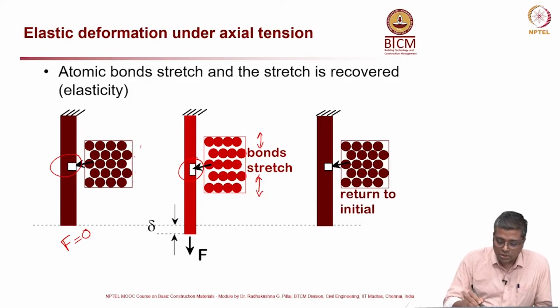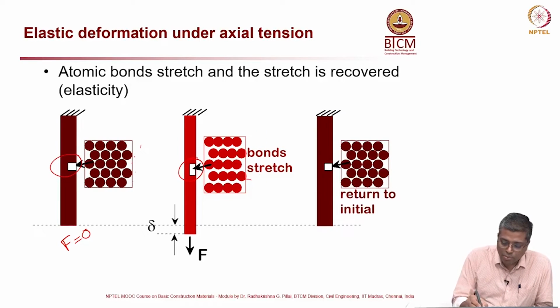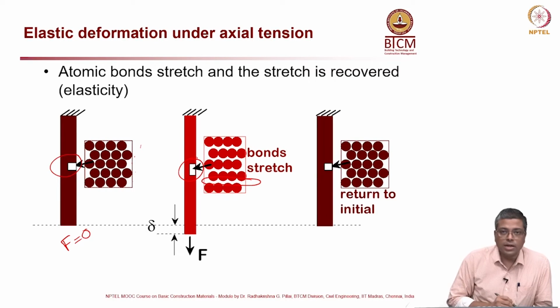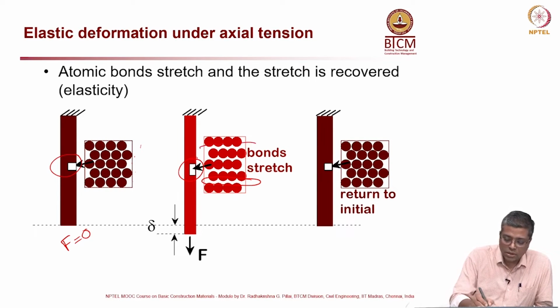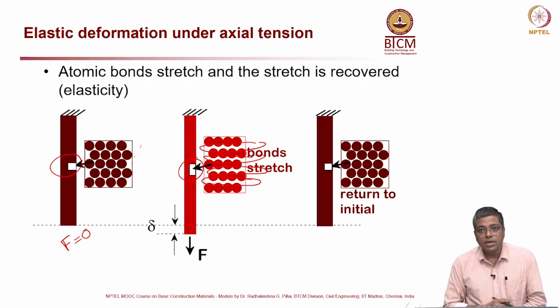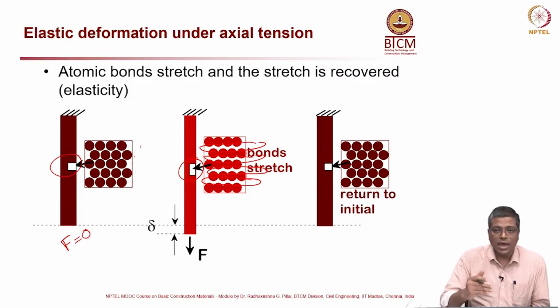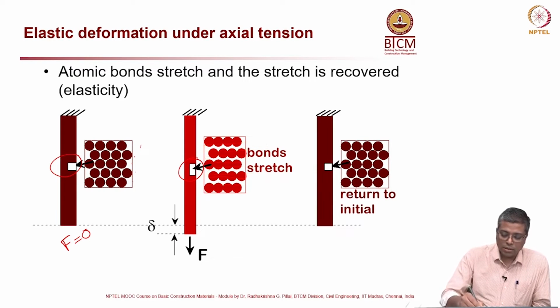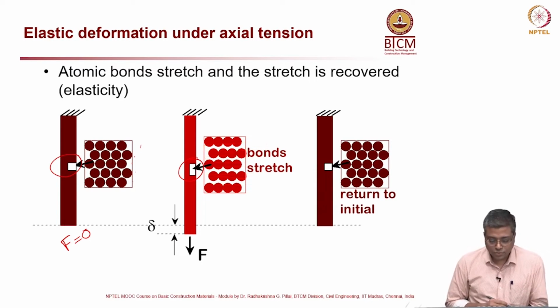You can see the gap in between has increased, this gap here, this gap here, all that vertical gap has increased between each layer of the atoms. That indicates that the bond has stretched.